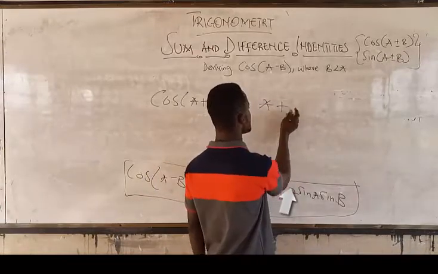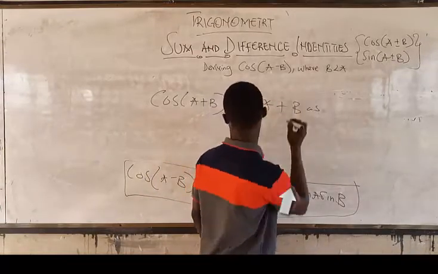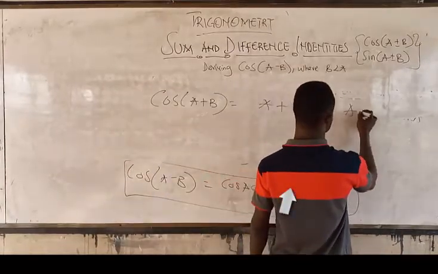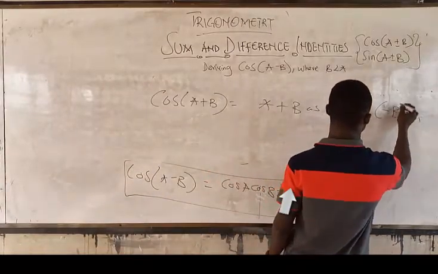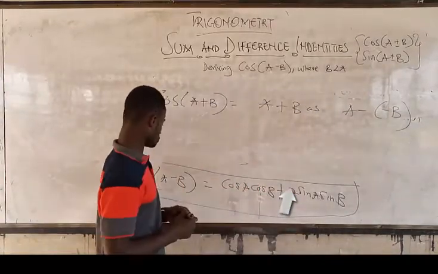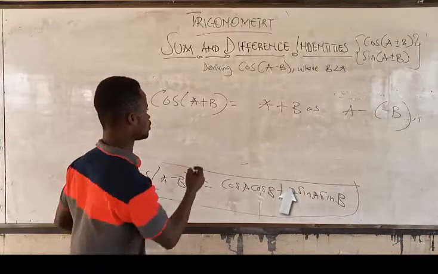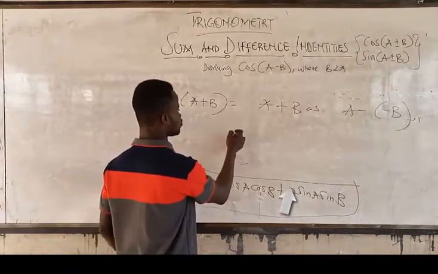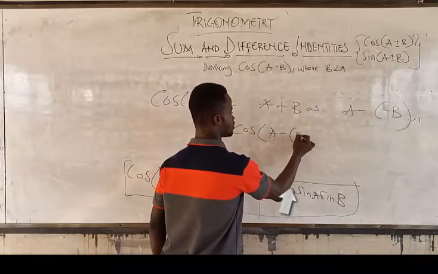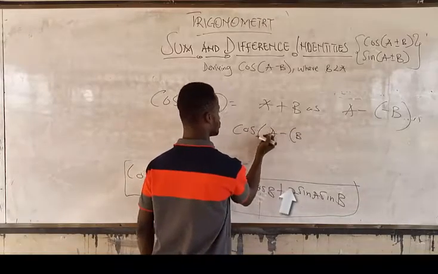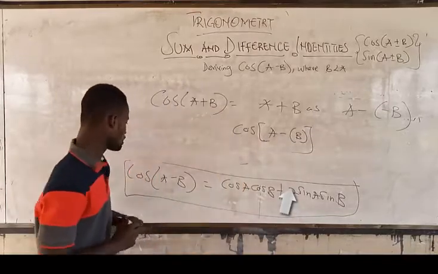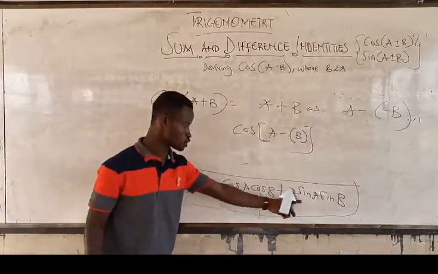We can write A plus B as A minus negative B. So this will be the same as cos A minus negative B. So here, you can do that substitution here.